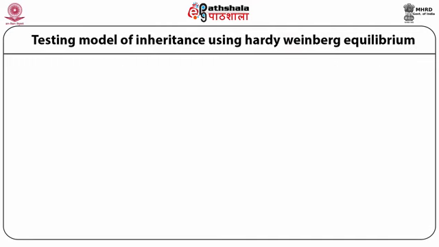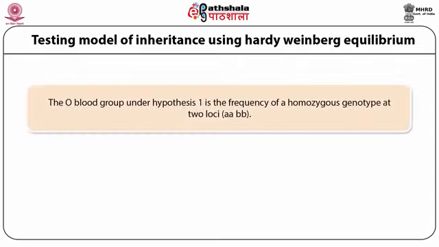The table given in the next slide will show how allele frequencies can be calculated for these two different hypotheses. For example, the O blood group under hypothesis 1 is the frequency of the homozygous genotype at two loci, which can be shown by both small letters, that is small a small a and small b small b. That means both the alleles are recessive in nature.